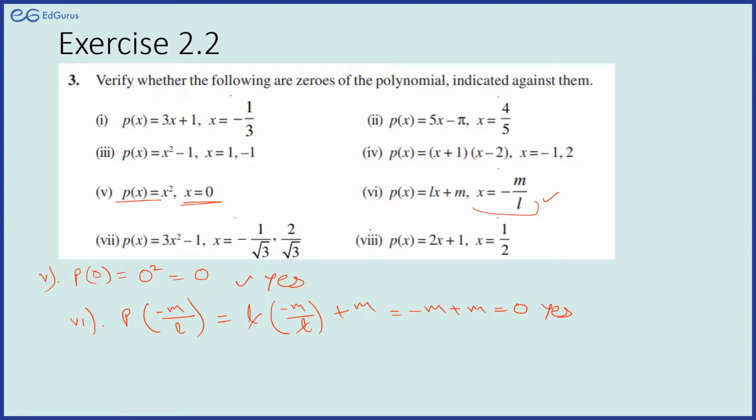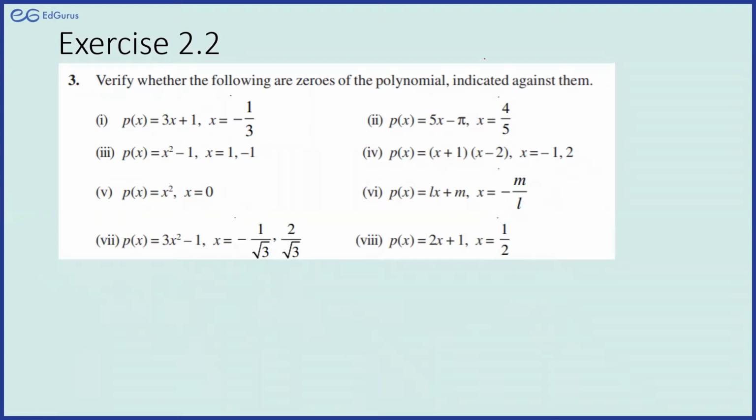Ma'am, any other part that you want me to try here? Fourth part. Okay, so fourth part, and 7th. So x equal to minus 1, right?